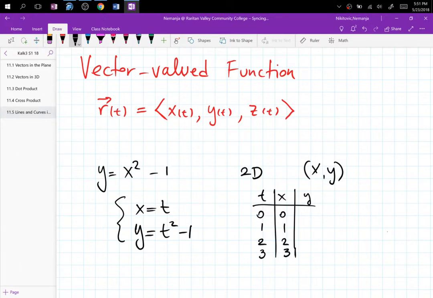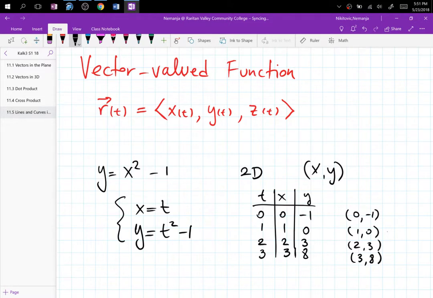And y will be calculated in the y equation as t is 0 and so on. So we have negative 1, 0, 3, and 8. Which creates ordered pairs (0, -1), (1, 0), (2, 3), and (3, 8).